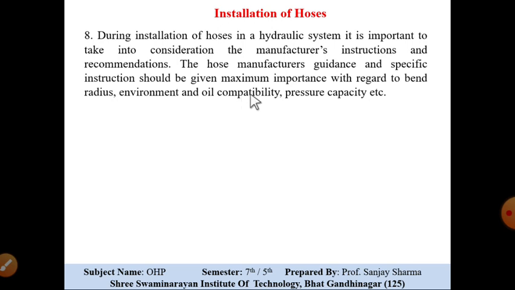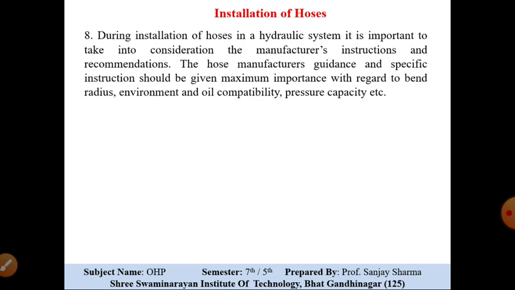Environment and oil compatibility is also very important, because the environment where the hydraulic system or these hose pipes are being used matters. Suppose we are using it in minus degrees, or below 0 degrees, the material required for the hose pipe is somewhat different.